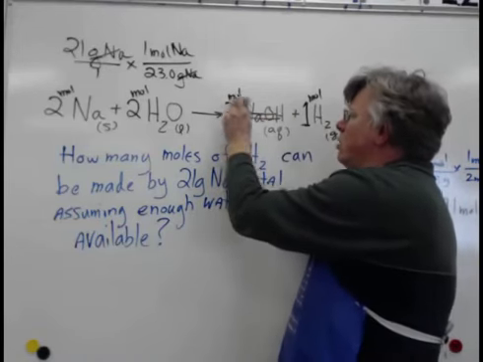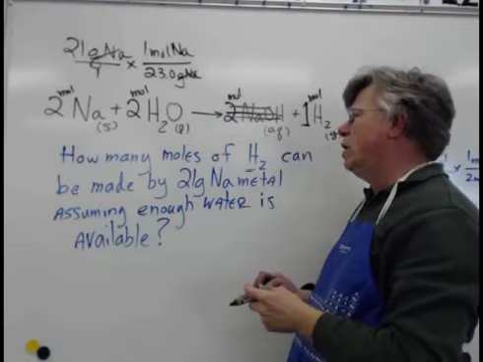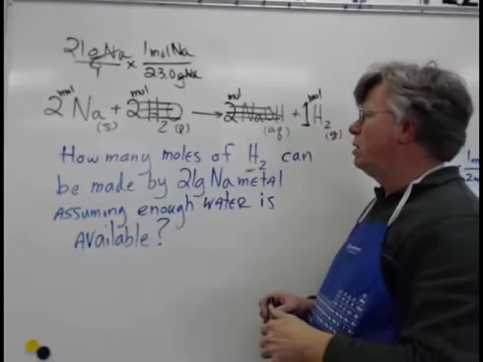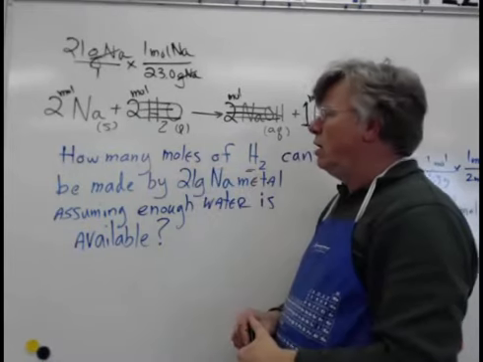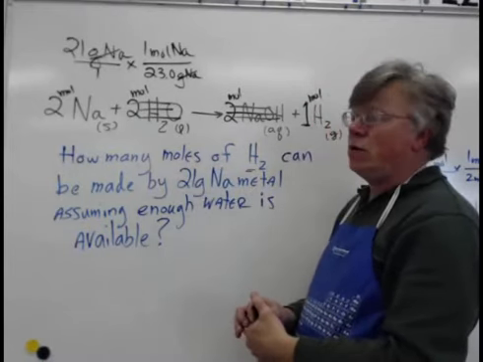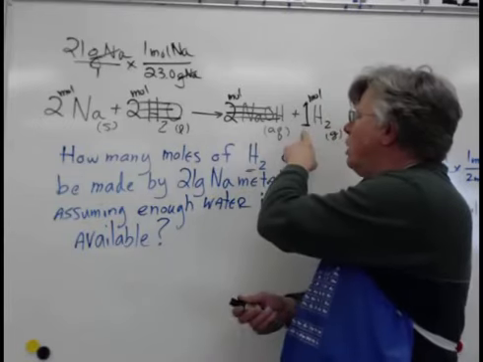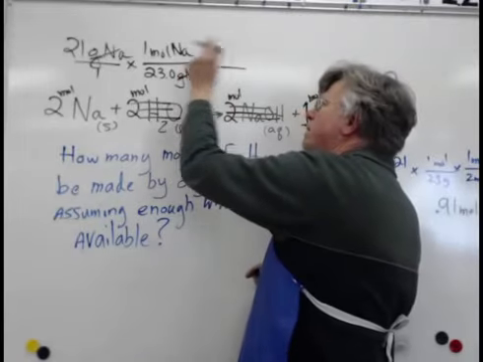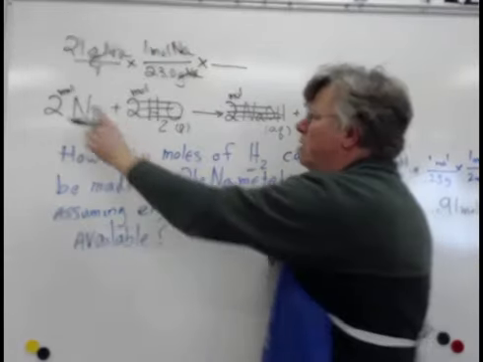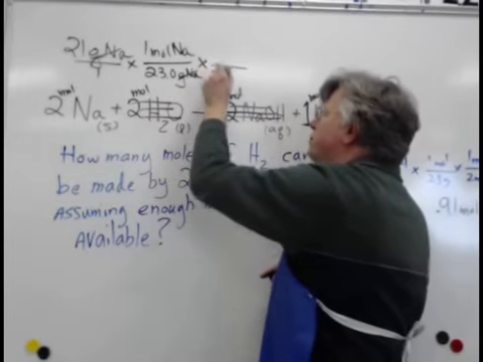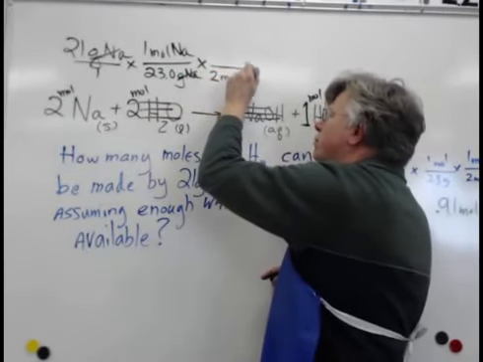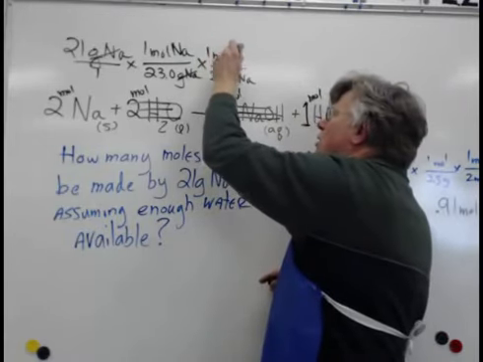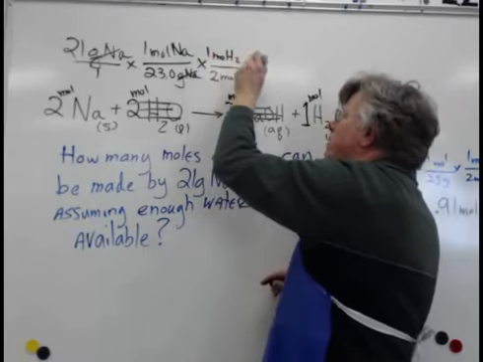So I'm really going to ignore sodium hydroxide in this problem. I'm even for sure going to ignore water in this problem, even though they're there. They're not a part of the problem, so I'm not worried about those. But I am worried about the 1 mole of hydrogen. The mole ratio would say that 2 moles of sodium react to make 1 mole of hydrogen gas.